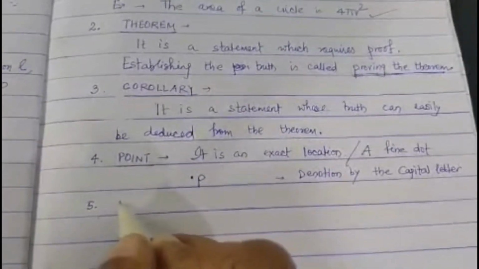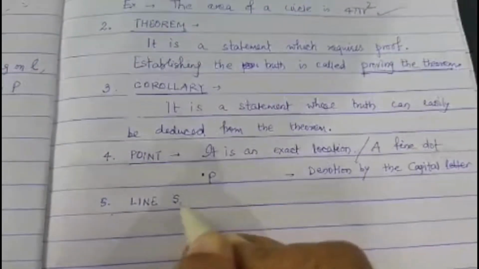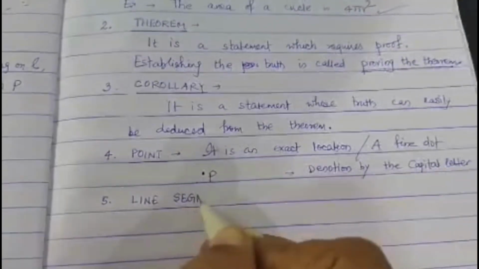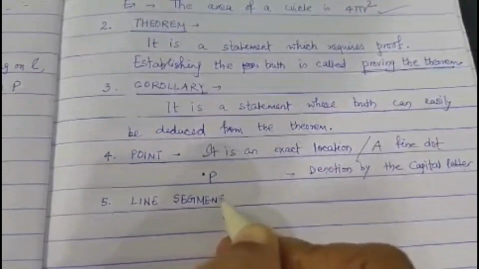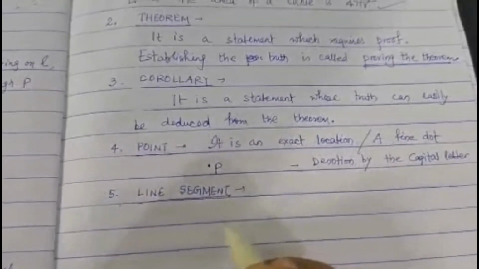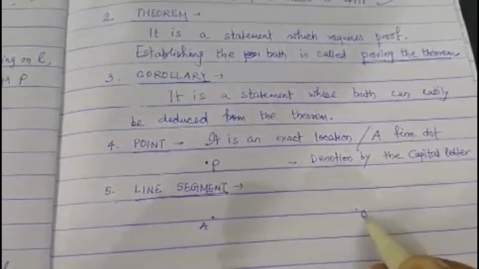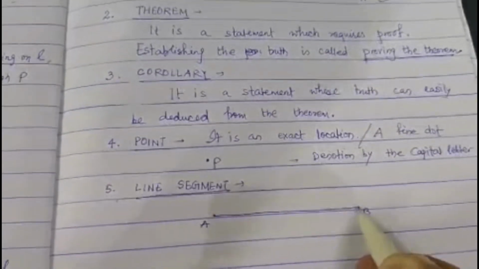Now let's come to the fifth one. The fifth one is a line segment. A line segment is the straight path between 2 points. Suppose here we have taken point A and point B. This is the straight path.